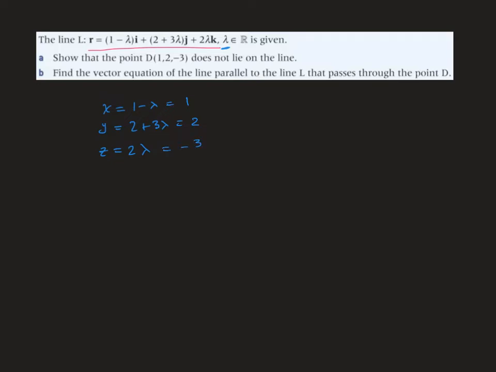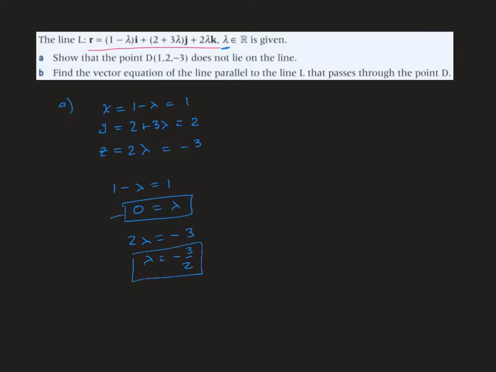So if we look at the first equation, 1 minus lambda equals 1 would mean lambda equals 0. But if we look at the z equation, we get 2 lambda equals minus 3, which means lambda equals minus 3 over 2.